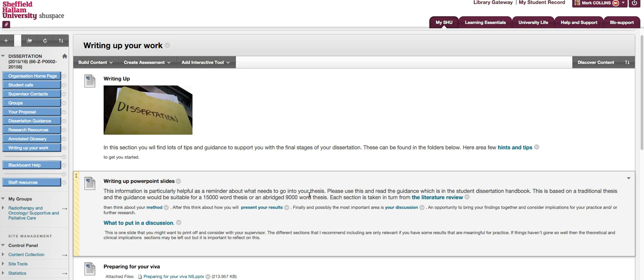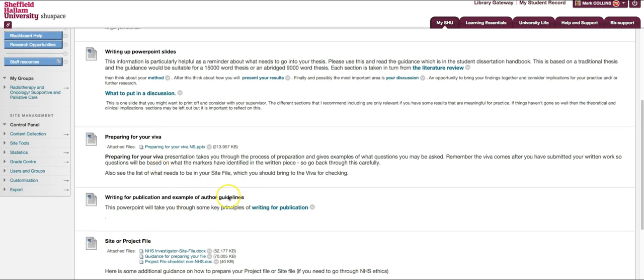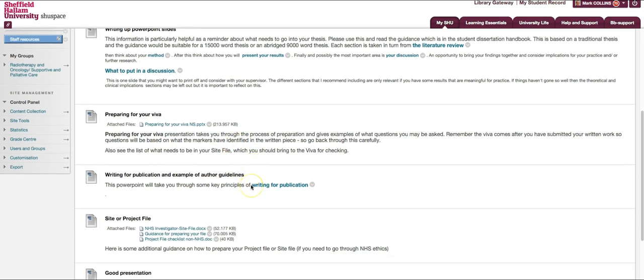And so the 9,000 word option is broken down into 2 sections, but you will receive 1 grade overall for that. So at the end of that process, whether you do option A or option B, you will get 1 final grade for your piece of work. And as with the other sections, there's some nice examples and some resources there to help you with that.